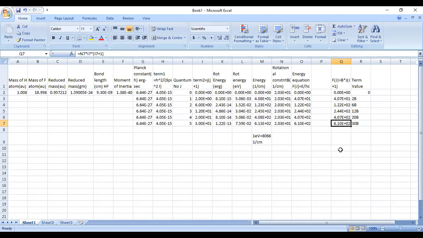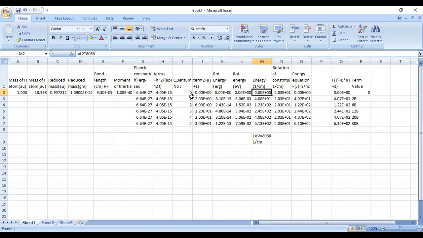So you have to prepare an Excel sheet here, put in your parameters, work out your exercise, and find out the rotational energy levels. You see, I have calculated my rotational energy levels.